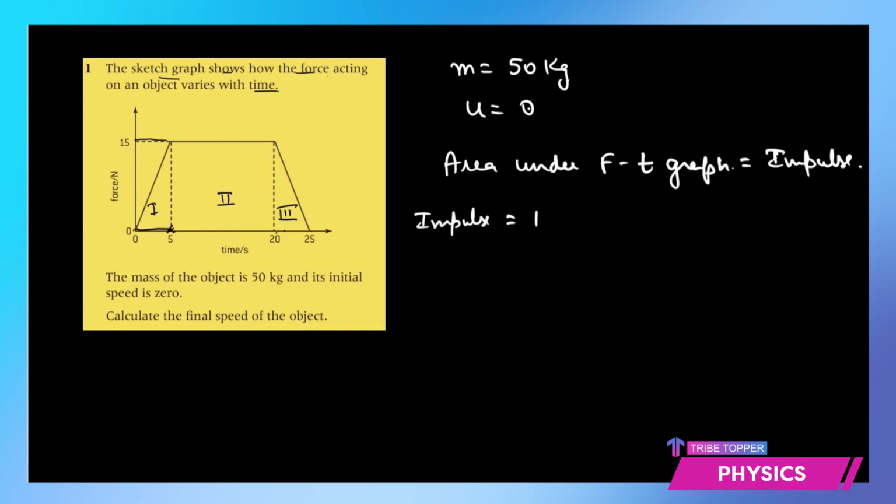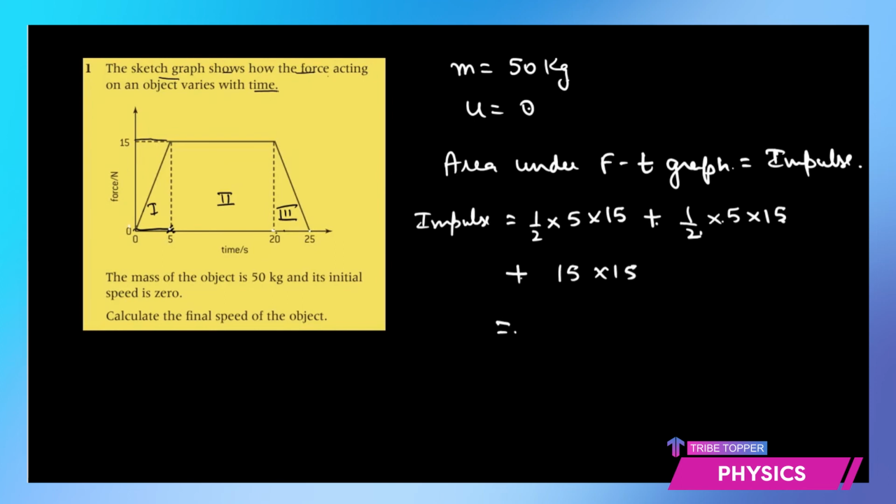So impulse is half times base, that is 0 to 5 seconds, times height 15, plus half into base into height again for the last region, that's 5 times 15, plus the area of the rectangle, where the height and width are both 15, so 15 times 15.